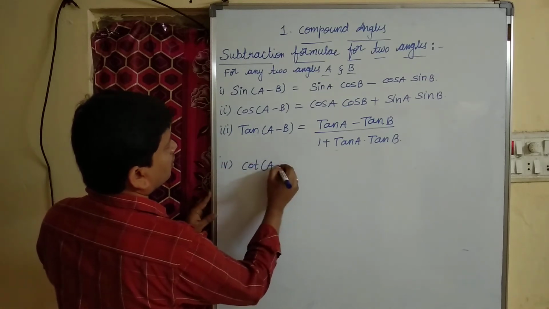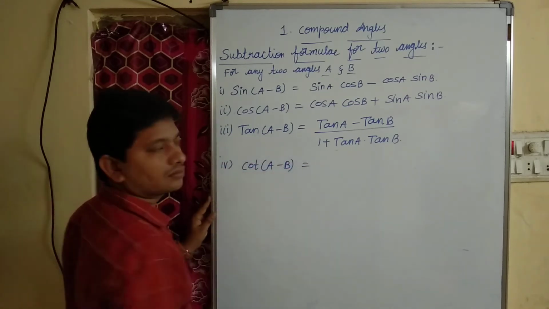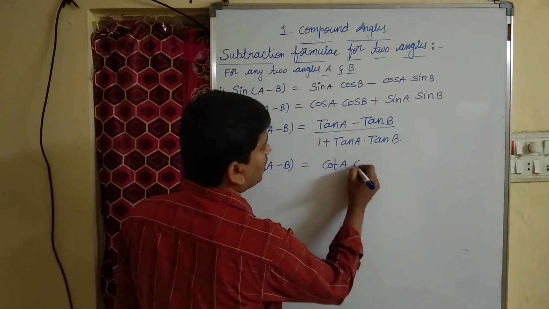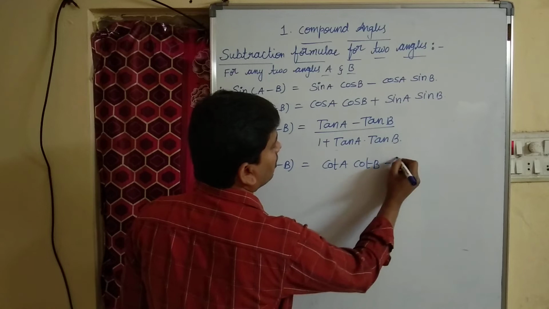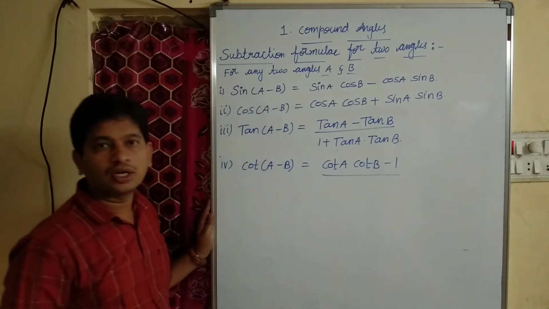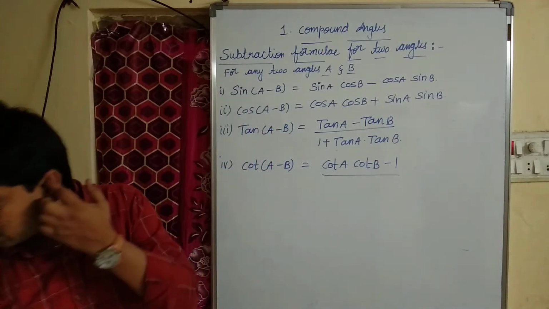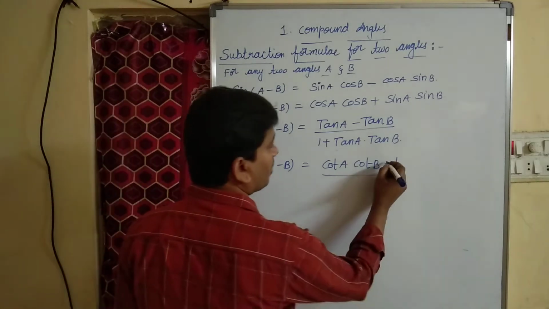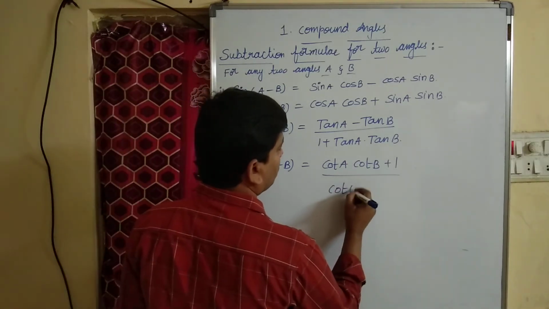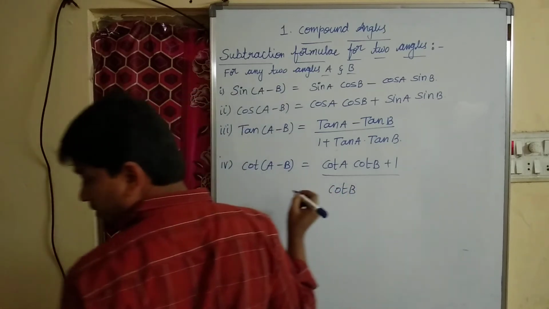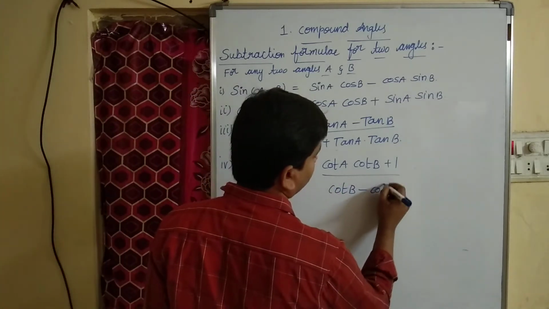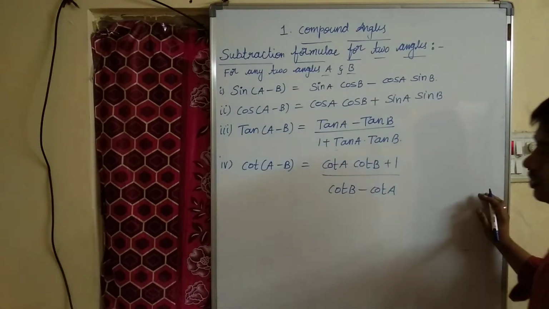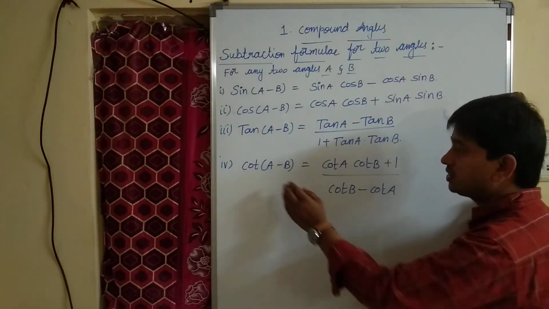cot A minus B. Coming to the fourth formula, it is a little bit confusing.